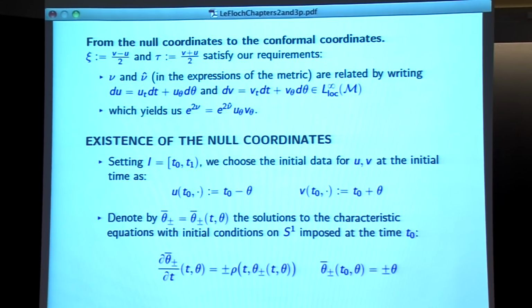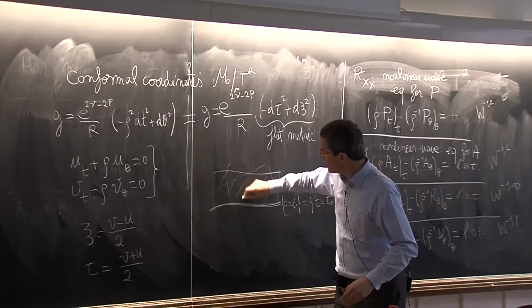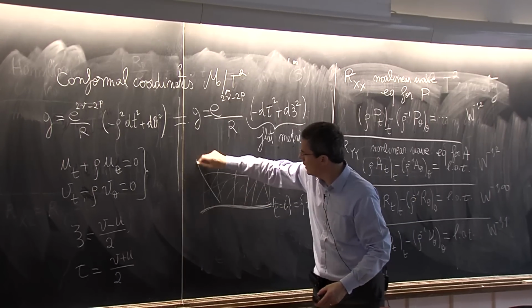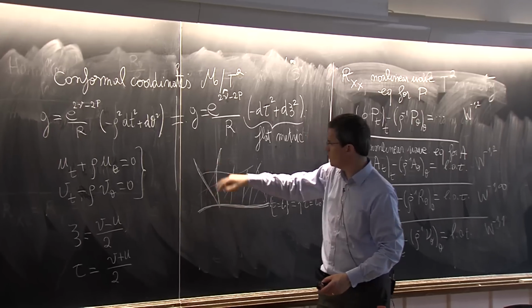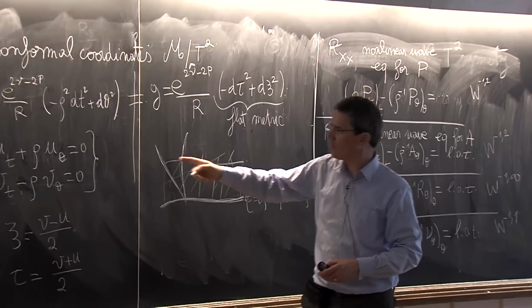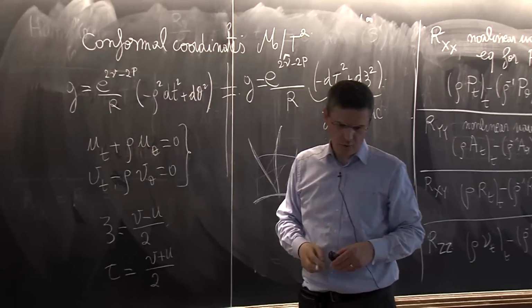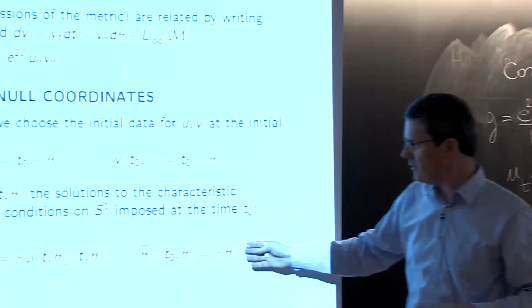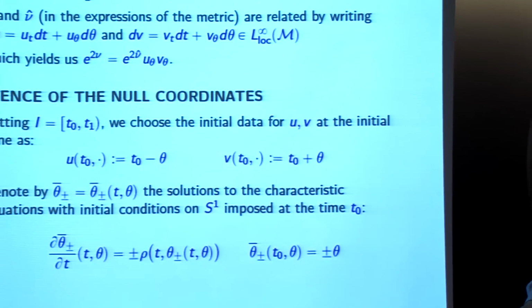Just one possible choice. And now what we are doing here is integrating: we follow characteristics for this linear system. Actually, we have two speeds for the characteristics, one positive and one negative, corresponding to the speeds plus rho and minus rho. So we introduce the corresponding characteristic lines by integrating this system.